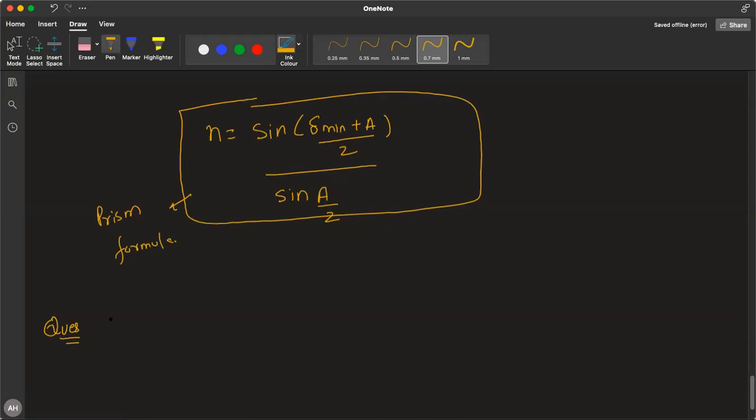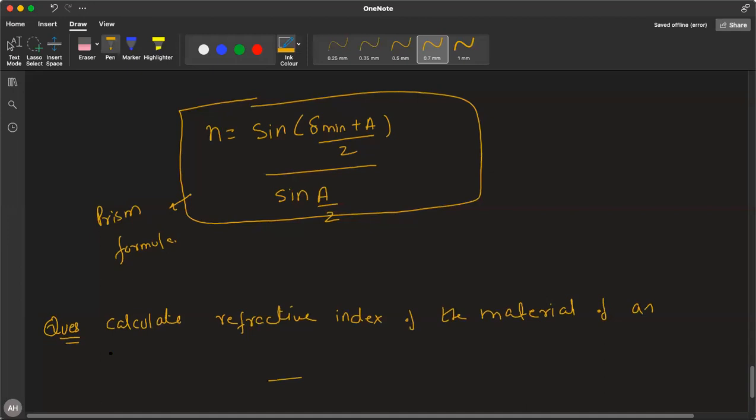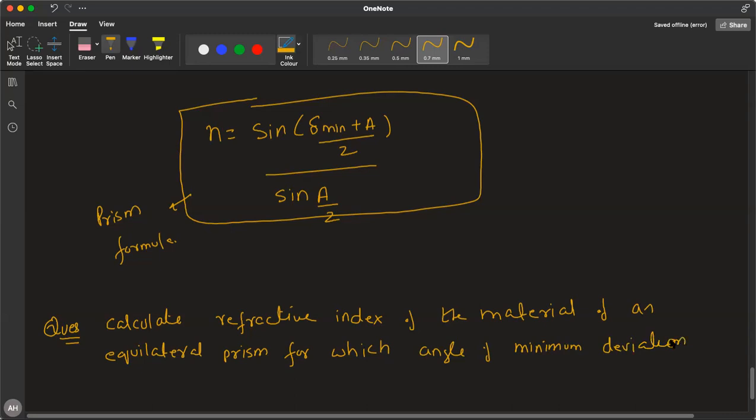So let's do the first question, formula based. Calculate refractive index of material of an equilateral prism for which angle of minimum deviation is 60 degree.